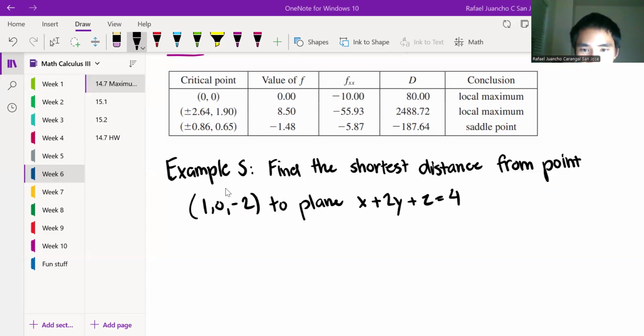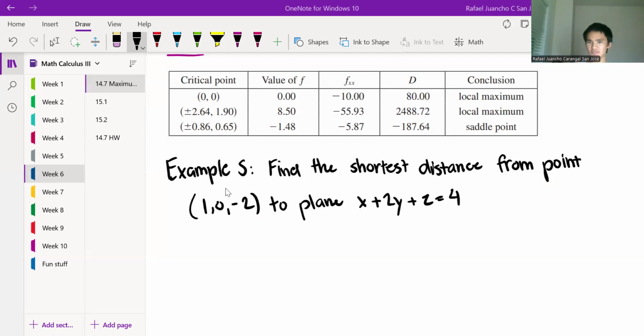Oh, what? That's interesting. And then from there, we square it. Okay. And then we get their partial. Huh. That's interesting.